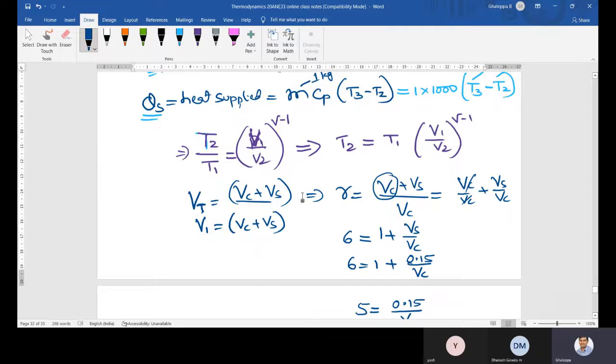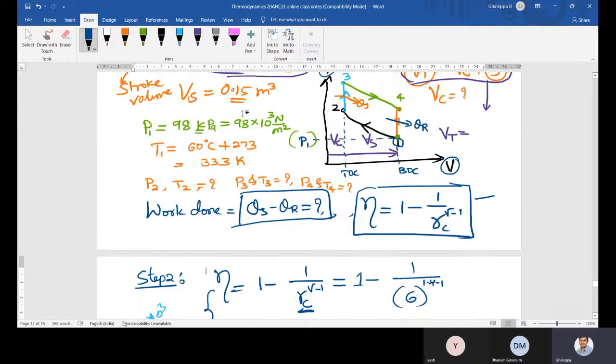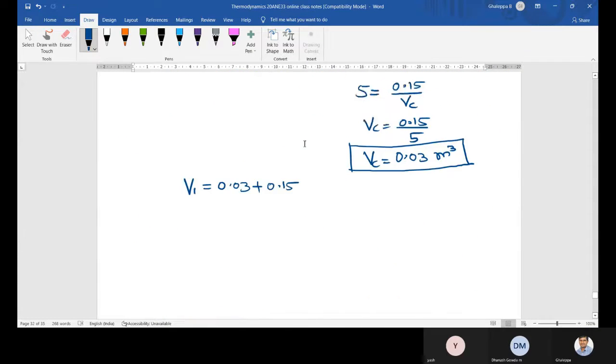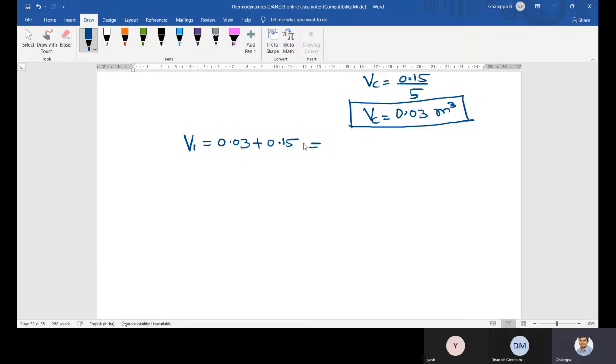Stroke volume or swept volume he has given as 0.15. And keep in mind the value of Vc should be less. Vc is only a small value compared to Vs. So the value of Vc should be less than Vs. So how much will I get? 0.18 meter cube.